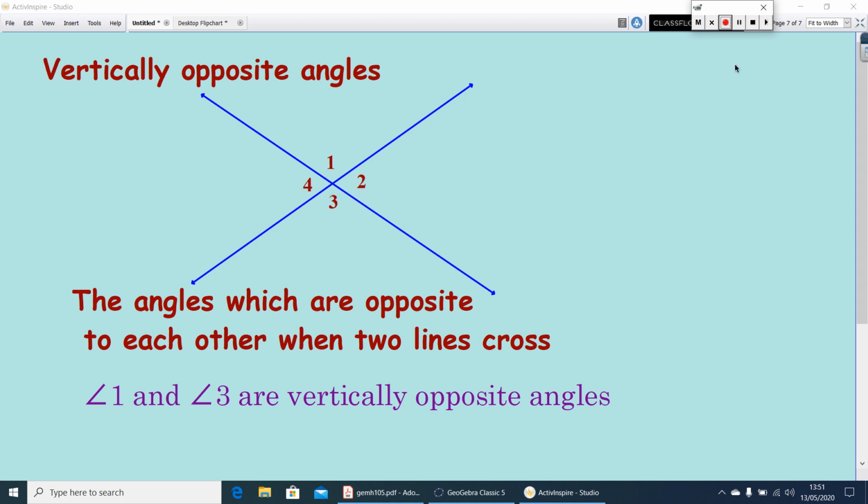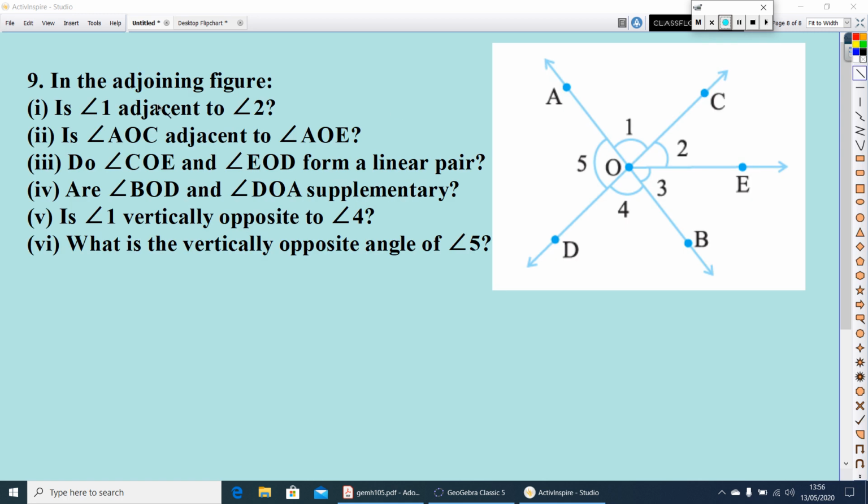Now let us discuss some questions. Before that, please note down vertically opposite angles, draw the figure and write down all these things. Look at the question. It's a textbook question, question number 9. In the adjoining figure, is angle 1 adjacent to angle 2?